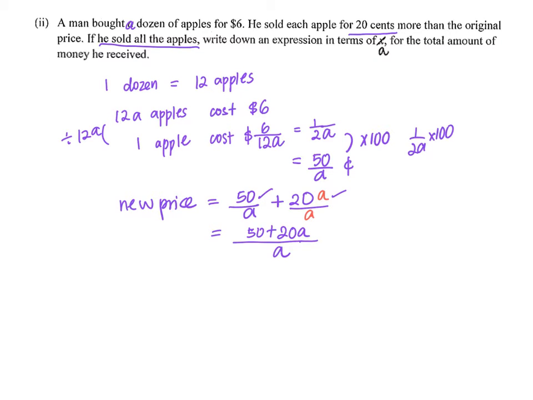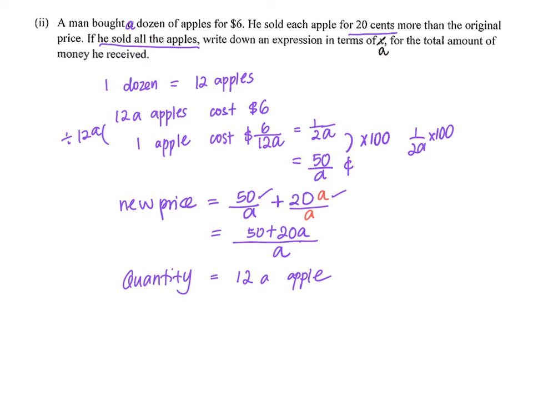This is the price. What's the quantity? How many apples does he have? A dozen. So it's 12 apples. So how do you find the total amount of money that you get? You take the price times the quantity. Okay, so price times the quantity.